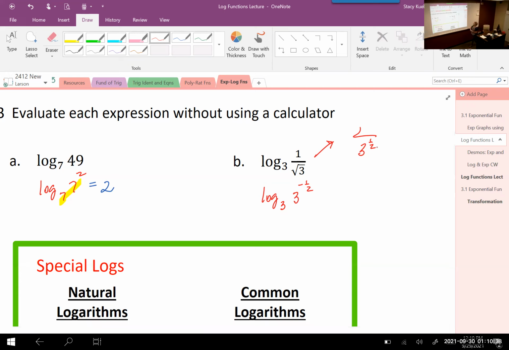Then if I take that denominator 3 to the 1/2 and move its position, it becomes a negative exponent. Do you see that now? So I rewrote 1 over the square root of 3 as 3 to the negative 1/2. Applying the inverse property, those bases are the same, so the answer is negative 1/2.